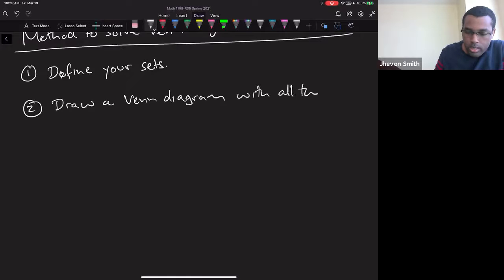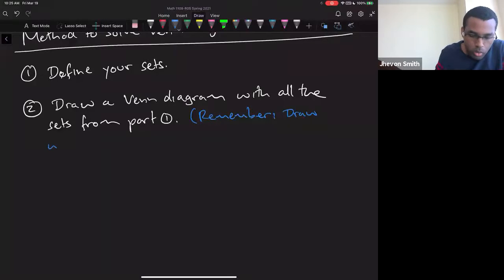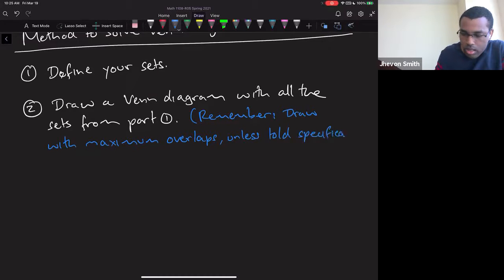With all the sets. Remember, draw with maximum overlaps, unless told specifically that certain sets don't overlap.